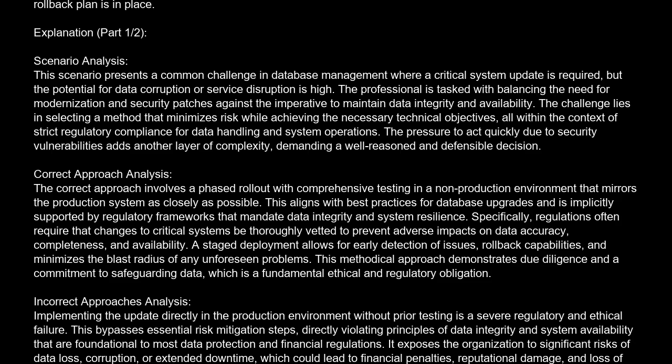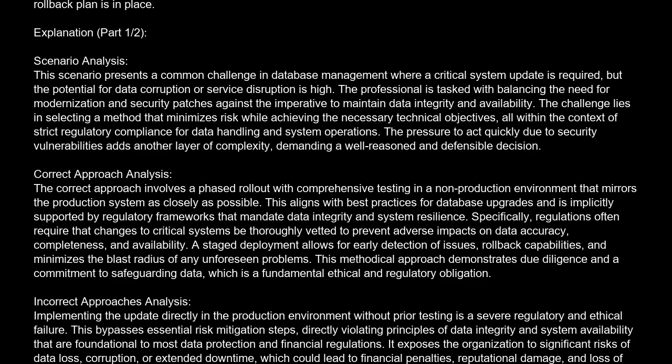Specifically, regulations often require that changes to critical systems be thoroughly vetted to prevent adverse impacts on data accuracy, completeness, and availability. A staged deployment allows for early detection of issues, rollback capabilities, and minimizes the blast radius of any unforeseen problems. This methodical approach demonstrates due diligence and a commitment to safeguarding data, which is a fundamental ethical and regulatory obligation.